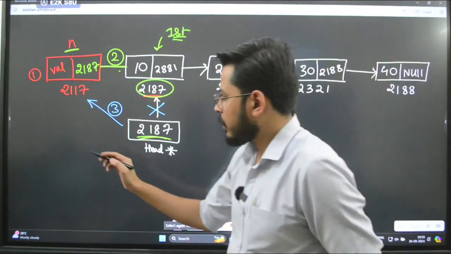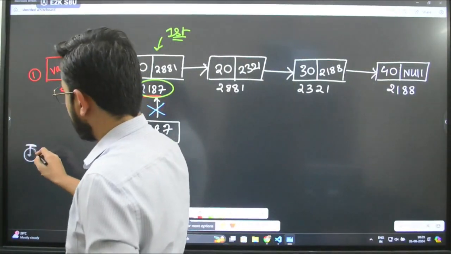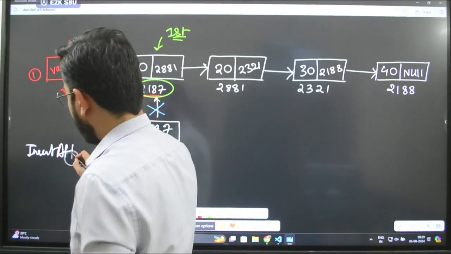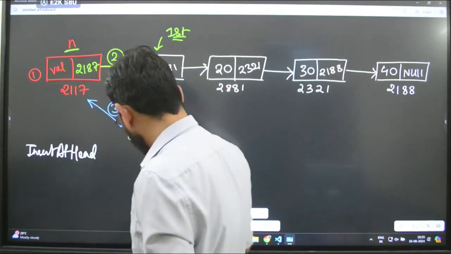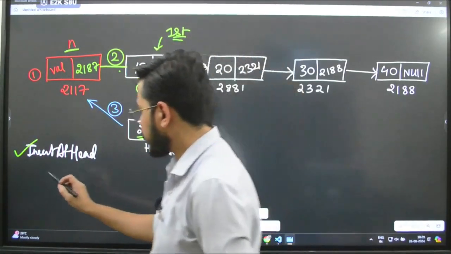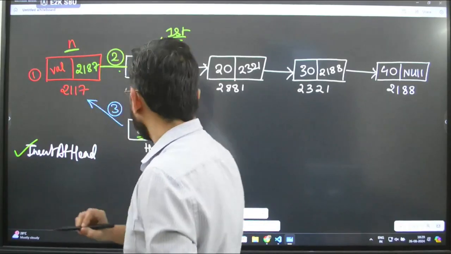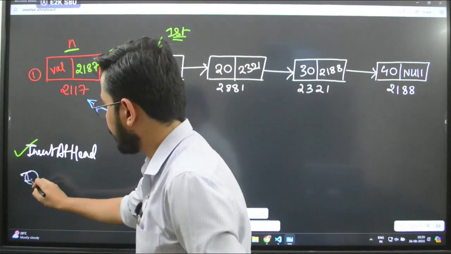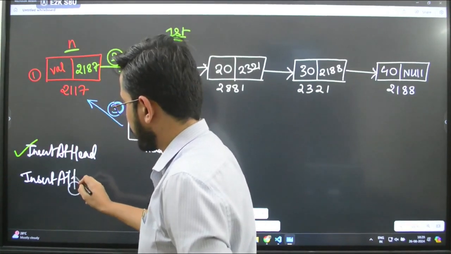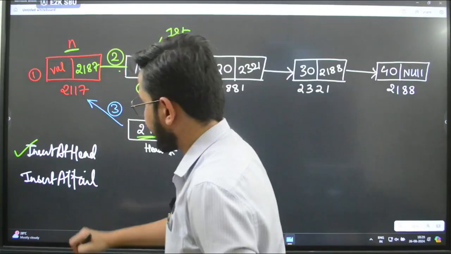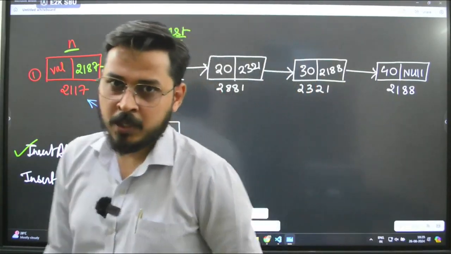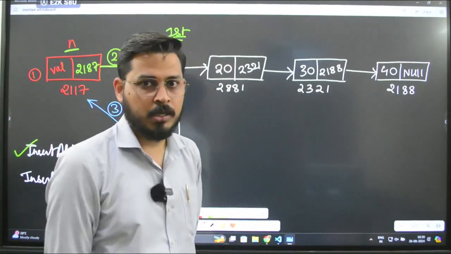So insert at head is done, over. Next up is going to be insert at tail. We will do insert at a position at the last, but I want to do insert at tail first.